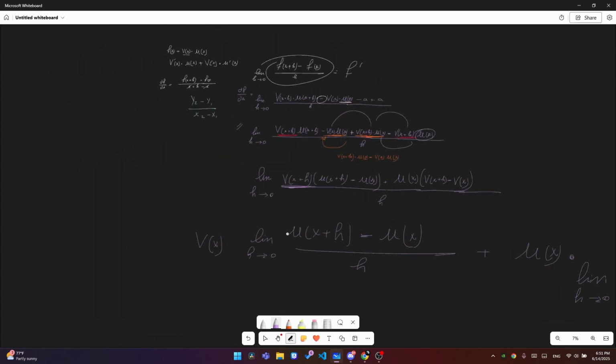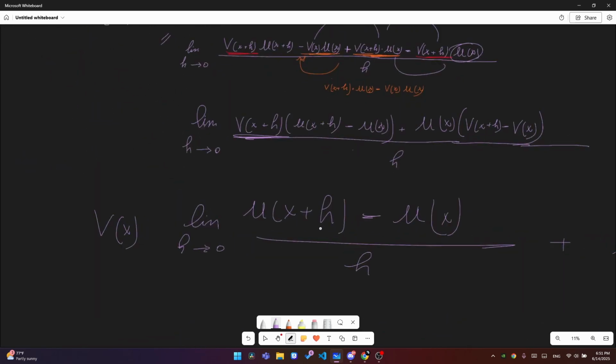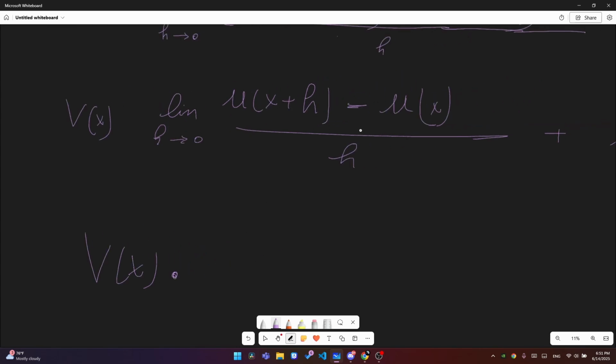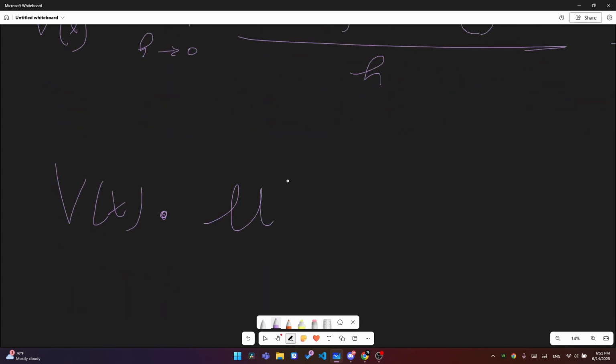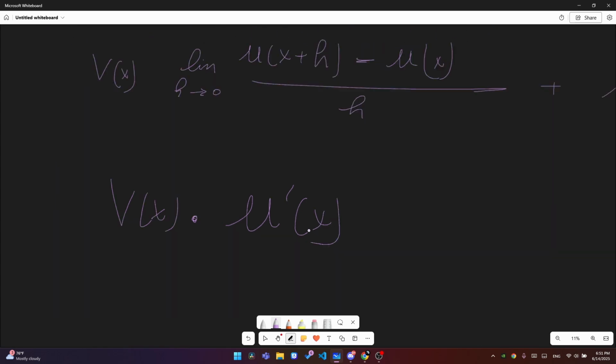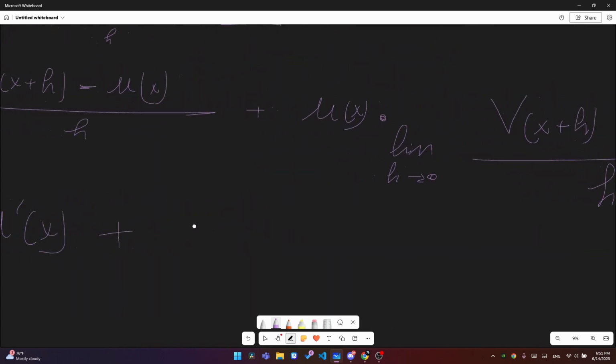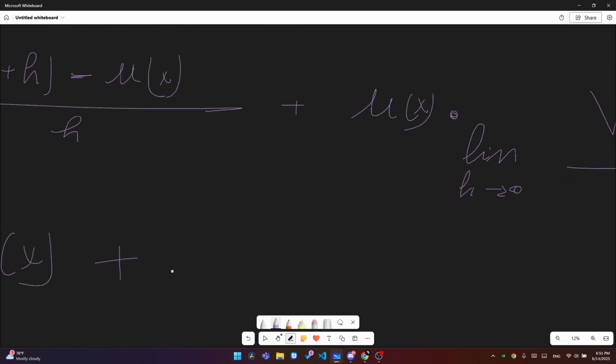Now we have written the derivative. We have these expressions as the derivative form of the function. So we're left with v of x multiplied by u prime of x plus u of x multiplied by v prime of x.